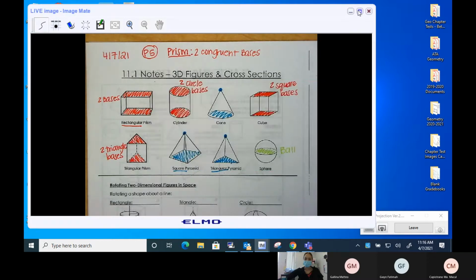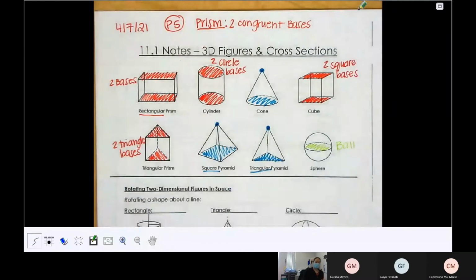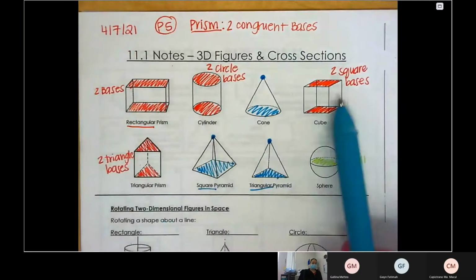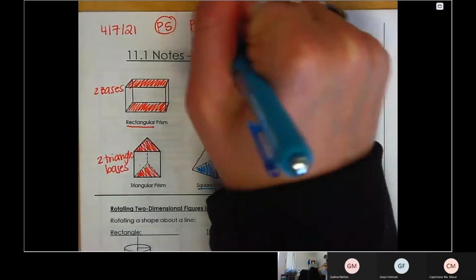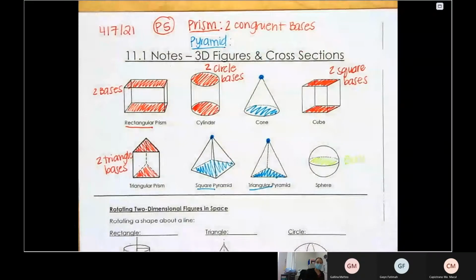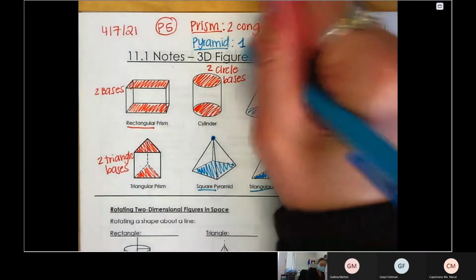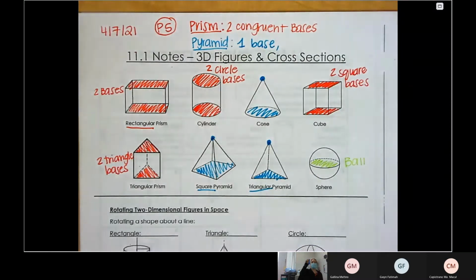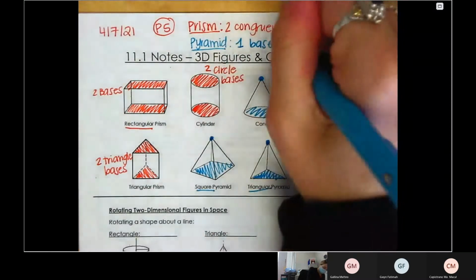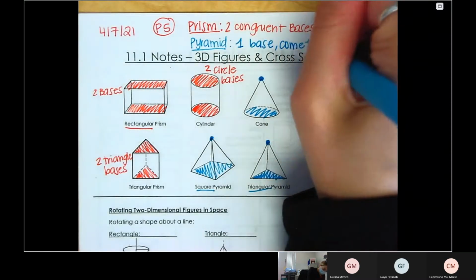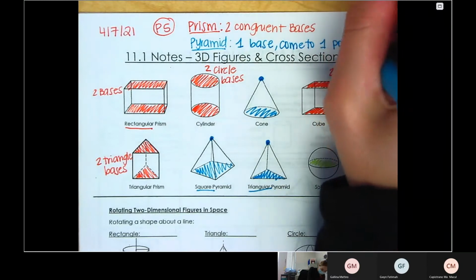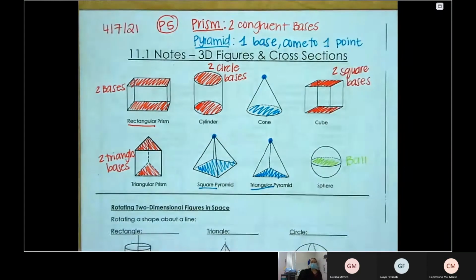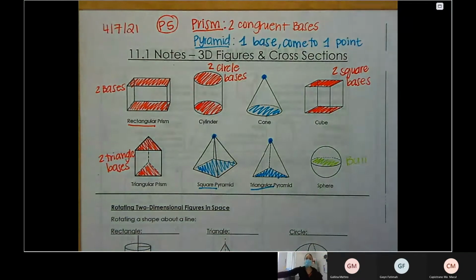There we go. Okay, so prisms are these orange ones. Pyramids are the blue. They have 1 base and they come to 1 point.